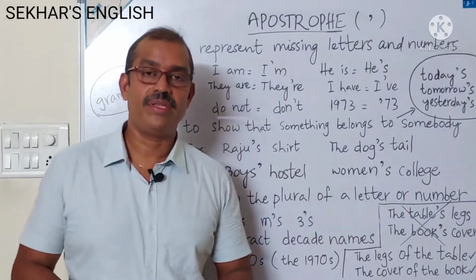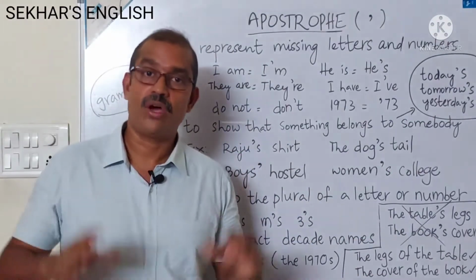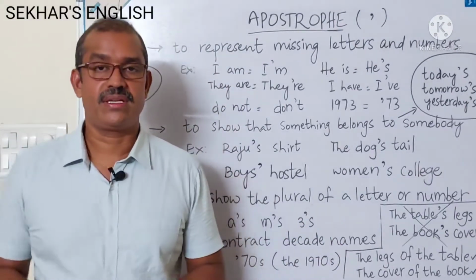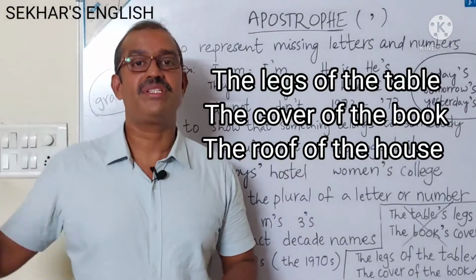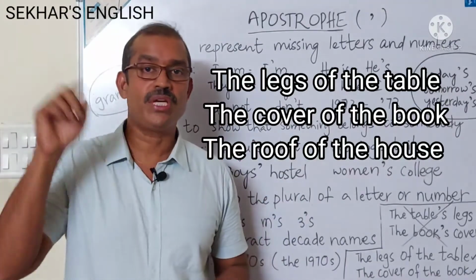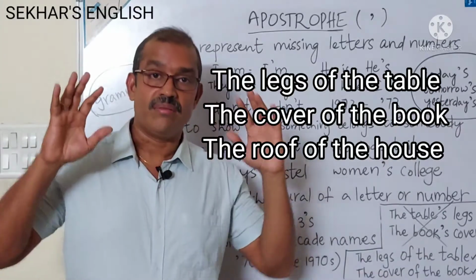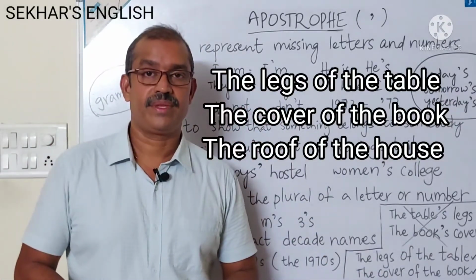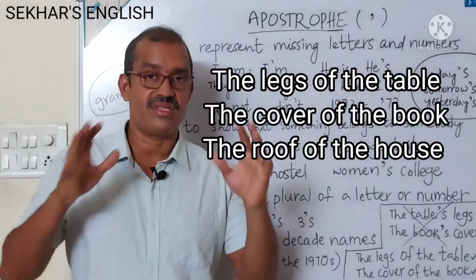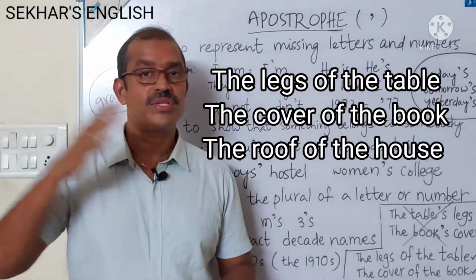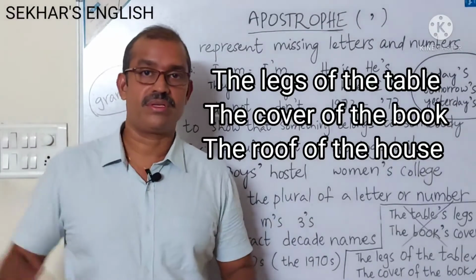In the case of a non-living thing, we should not use apostrophe S. Then how to say it? Don't say the table's legs, you have to say the legs of the table. Don't use apostrophe S with non-living things. One more: don't say the book's cover, say the cover of the book. Don't say the house's roof, say the roof of the house.